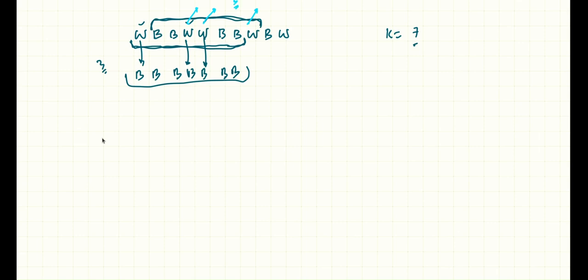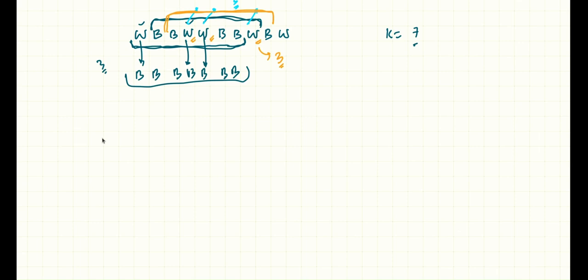Another combination would be, we could have picked these 7 characters. If we pick these 7 characters, the number of recolorings is this is 1, this is 2, this is 3. Even if you pick this particular subarray, the minimum recolorings would still be 3.